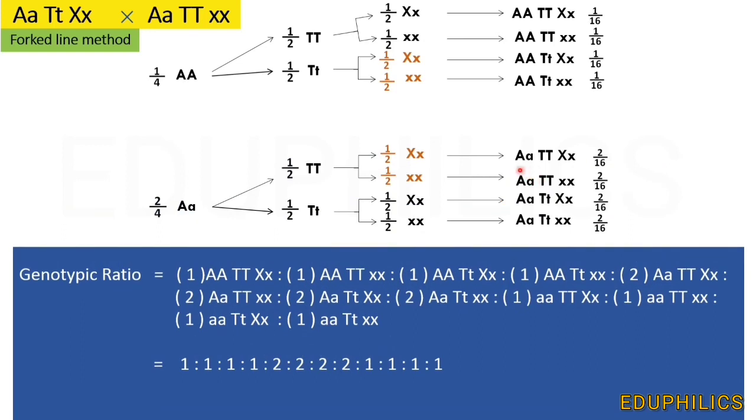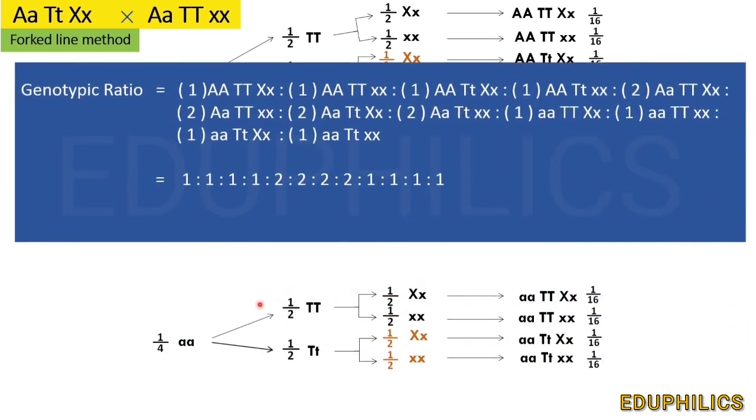The next one, because it is heterozygous here, capital A, small a, combinations are 2:2. Next one, small a combinations are 1:1:1:1. So this is the genotypic ratio of progeny born in this cross.